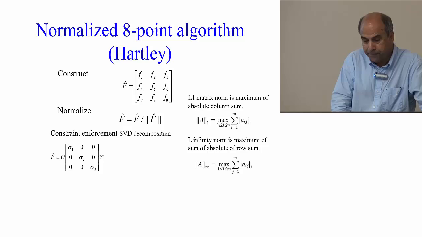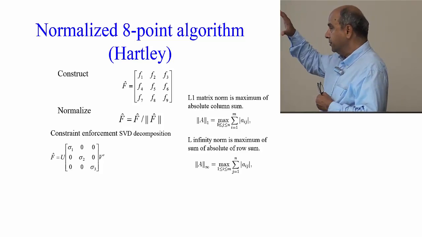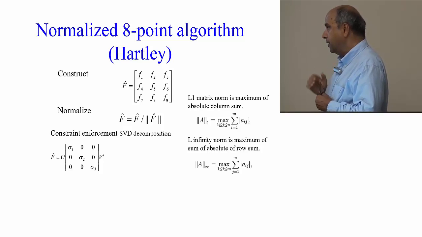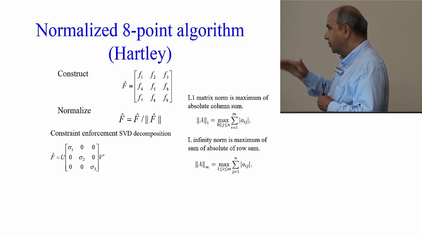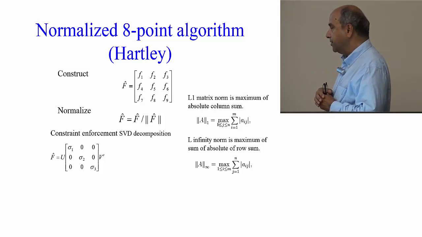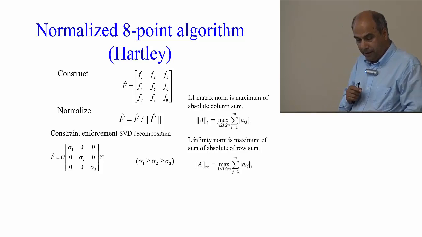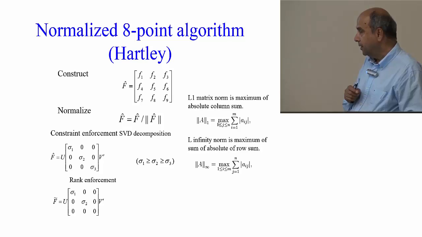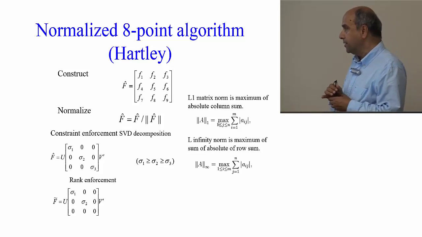And how are we going to do it? We'll take this F matrix and find the SVD. We'll factorize it into 3 matrices: the U matrix, the diagonal matrix, and the V matrix. These diagonal elements are the singular values, or the square roots of eigenvalues. So we will force the third element here to be 0, and that will make this matrix rank deficient.